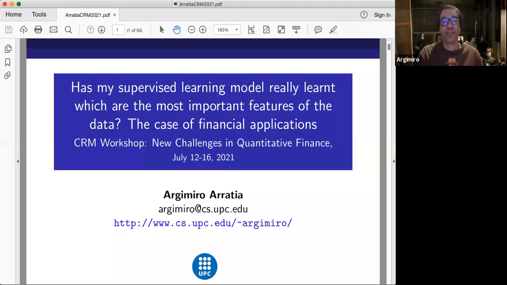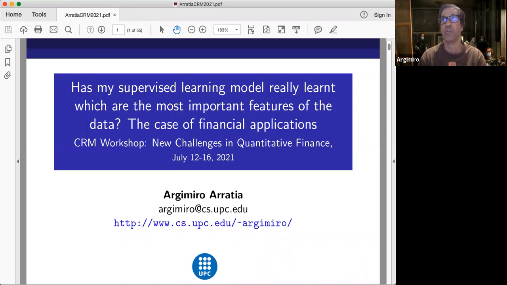This is going to be a bit different from what we have seen, and I'm sure we are going to see in this workshop, a lot of stochastic analysis and so on. But the fact is that not only in computer science or other business, but in stocks, in quantitative finance, it has now become kind of common to start using machine learning models.